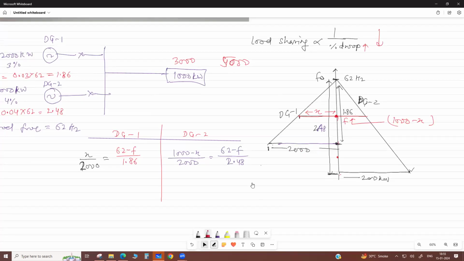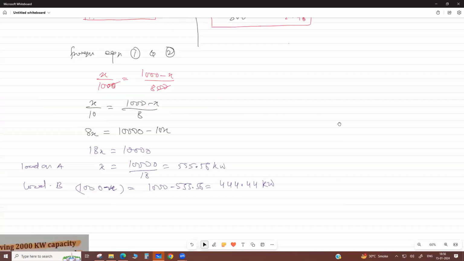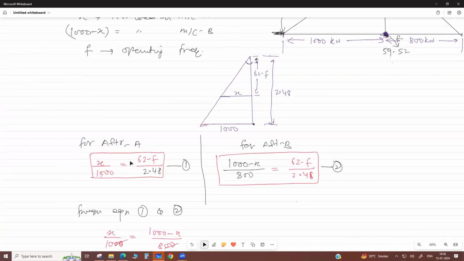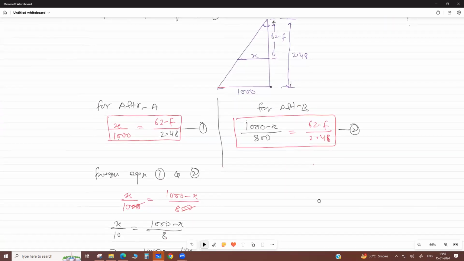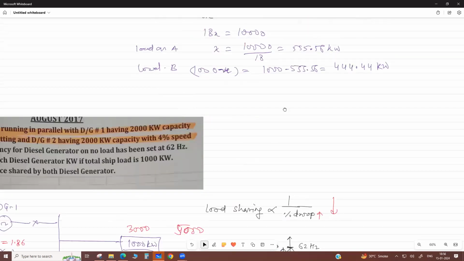We could also have carried this equation forward and solved it. You cross multiply, then you get two equations in x and f, the variables. Then you solve that simultaneous equation and you get the x and f values. Same here.